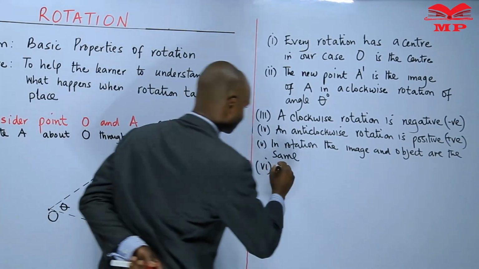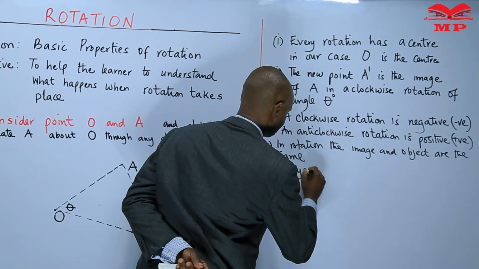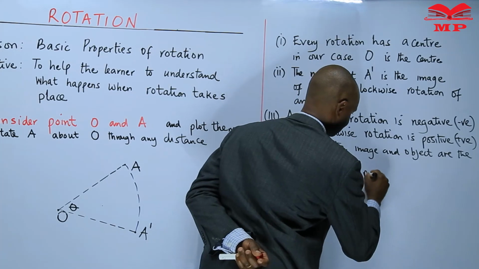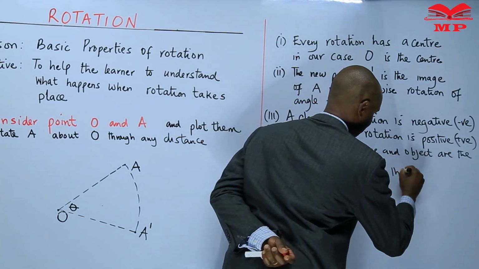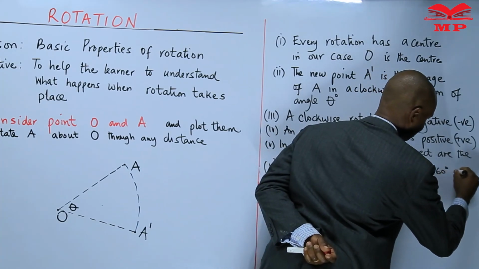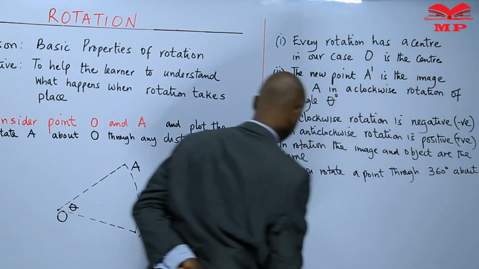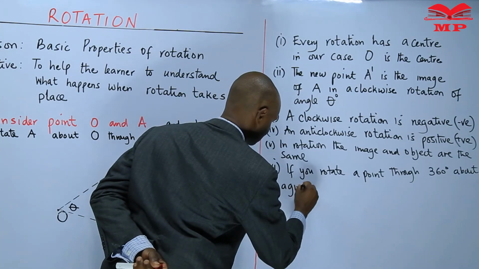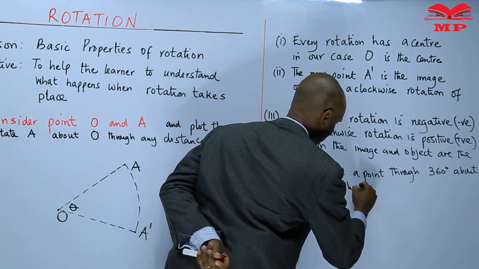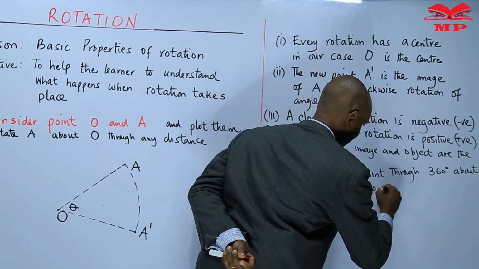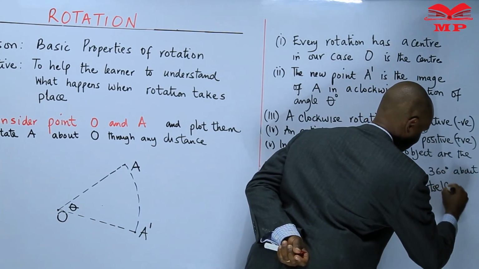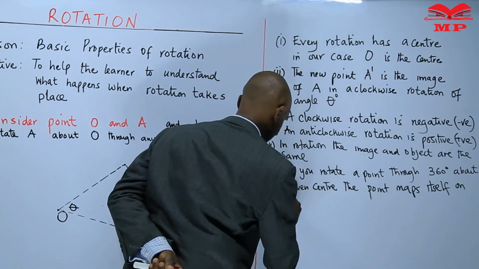If you rotate a point through 360 degrees about a given center, the point maps itself on where it started.